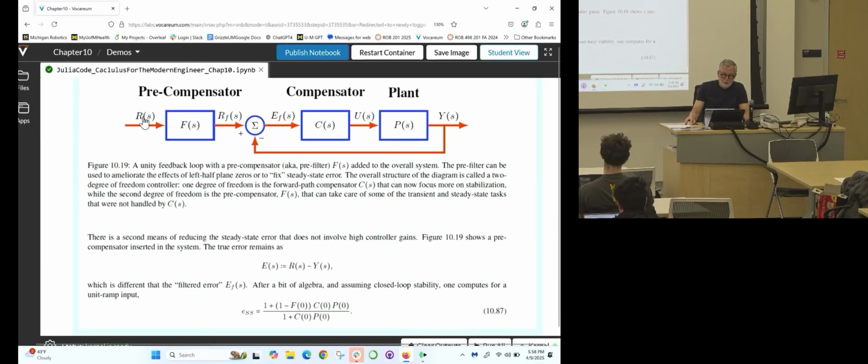This is filtering the command. It's actually a low-pass filter, creating an artificial command, a filtered reference command, that then causes the closed-loop system to behave like an ideal standard second-order system.